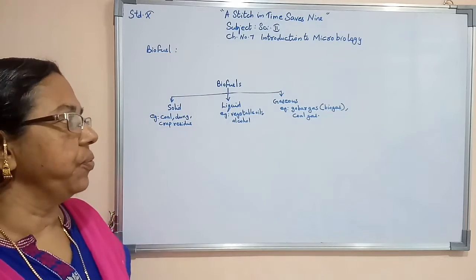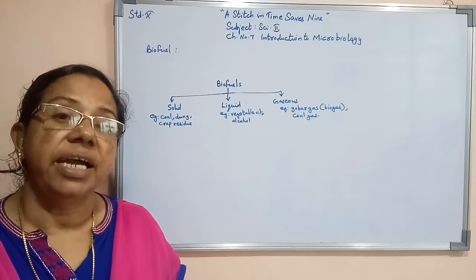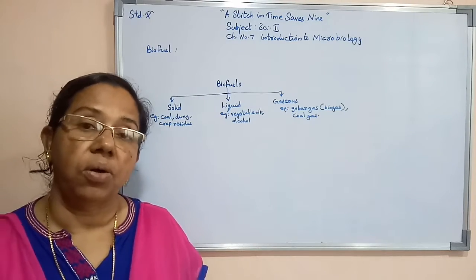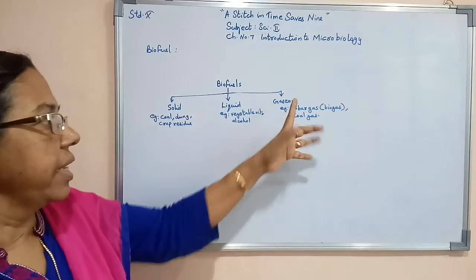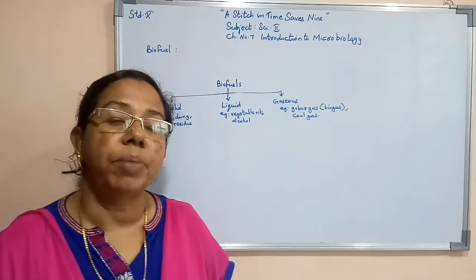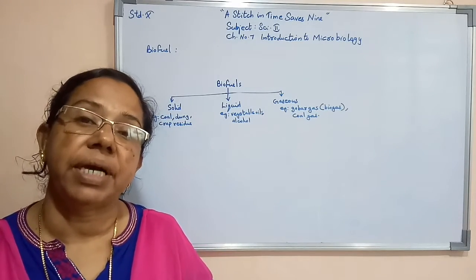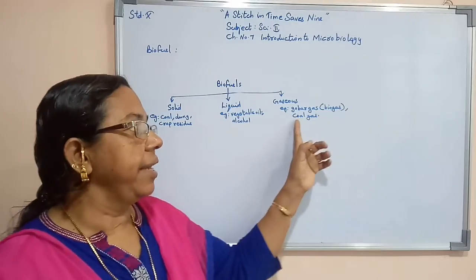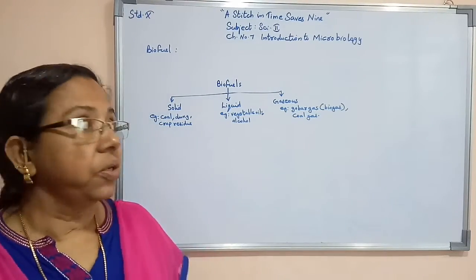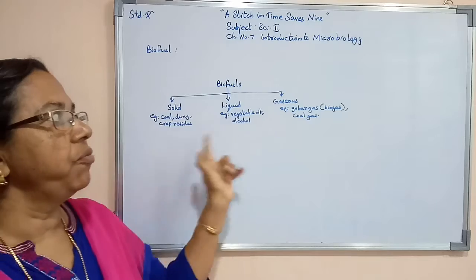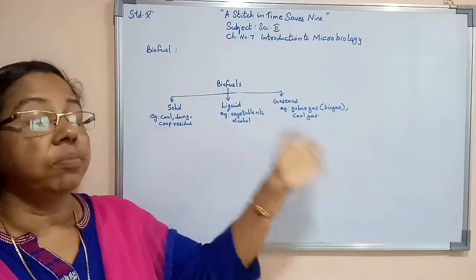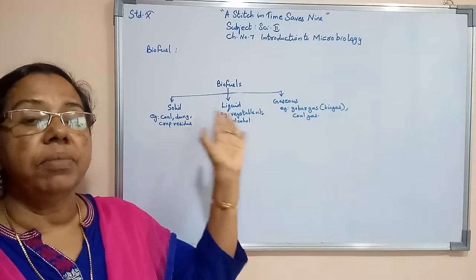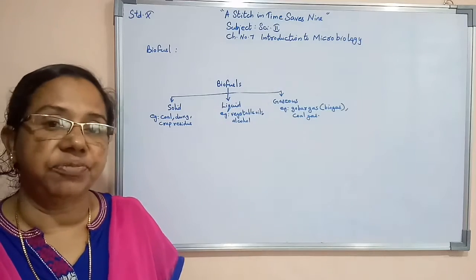Then liquid fuels are vegetable oils as well as alcohol, ethanol. Then gaseous fuel, that is gobar gas. Gobar gas has another name, that is biogas, and coal gas. So here different types of biofuels are given. In different forms it is available: solid form, liquid form as well as gaseous form.